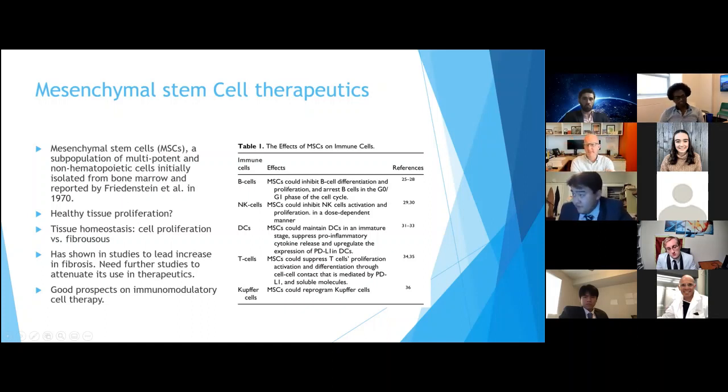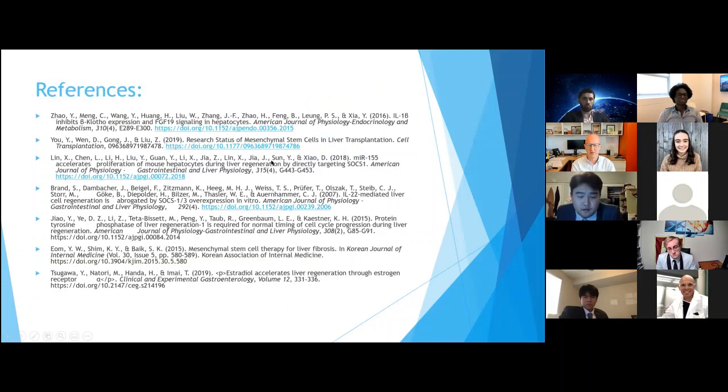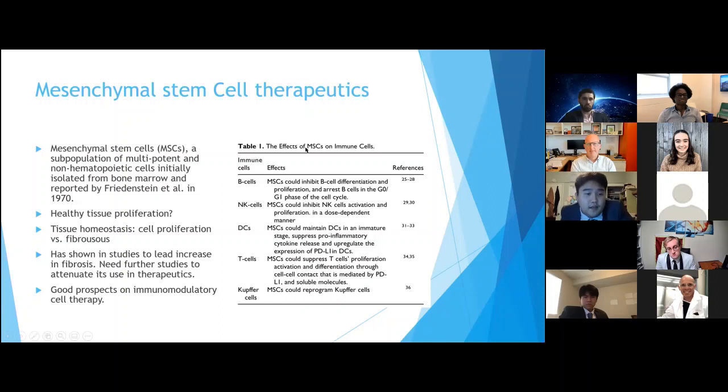This was very interesting to see, because they were talking a lot about healthy tissue proliferation, and whether the stem cells actually helped cell regeneration. They saw certain issues: when they did that, there were conflicting issues with fibrosis.